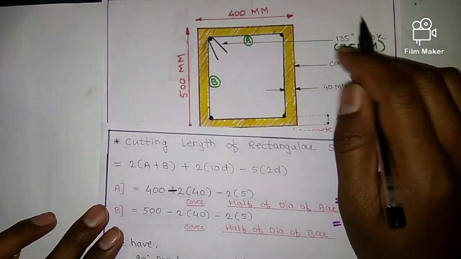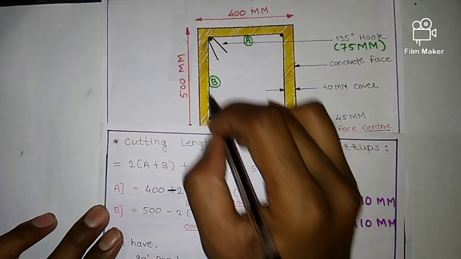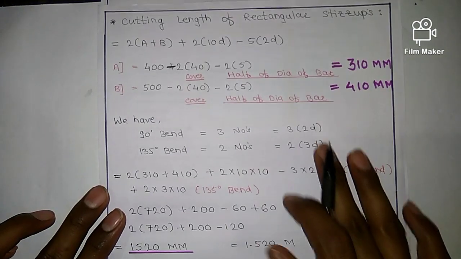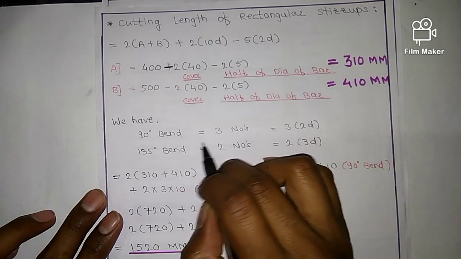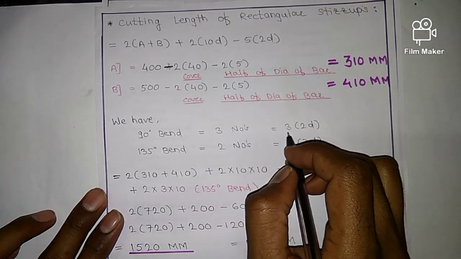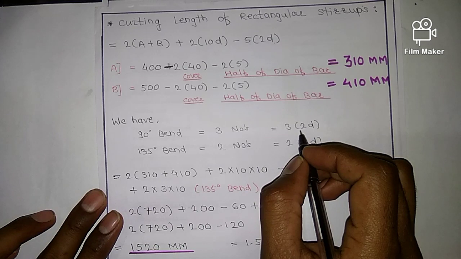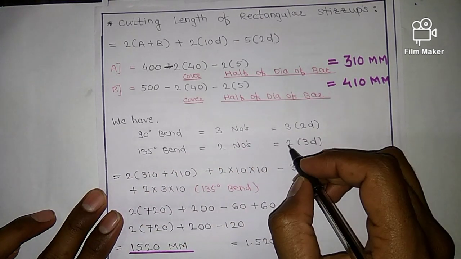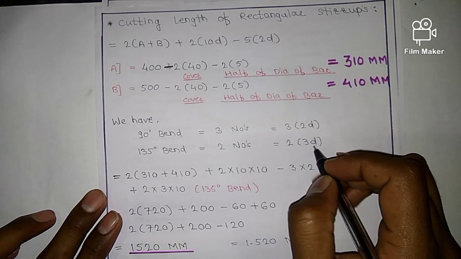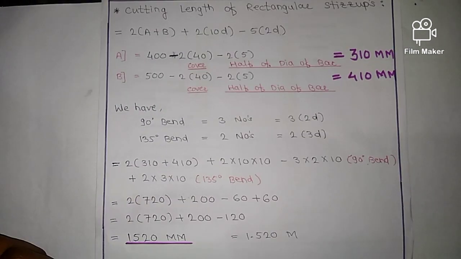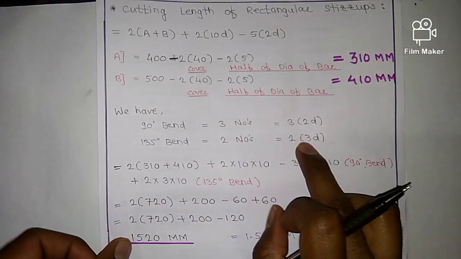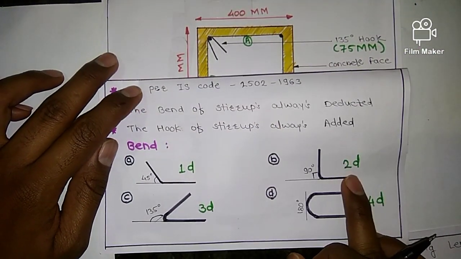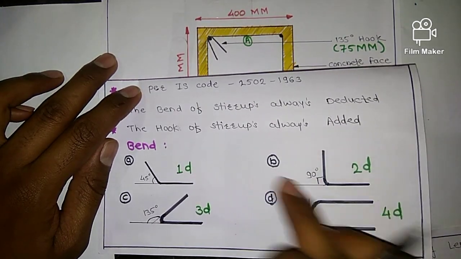I already discussed that this stirrup we call a 135-degree hook stirrup. So the 90-degree bends are 3 numbers, which we calculate with 2D, and 135-degree bends are 2 numbers, which we calculate with 3D. This value I already discussed with the small figures, so I have taken it from those small figures.